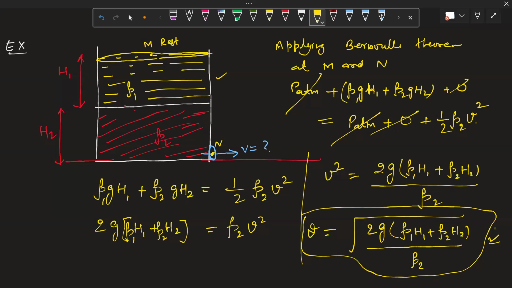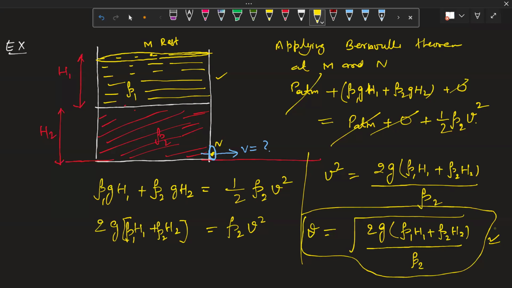And there are a lot of applications like venturimeter we have discussed in the last class. Today we have discussed the aeroplane concept, how the aeroplane can balance its weight because the pressure below the plane is more as compared to the pressure above the plane. So there is always a net upward force acting on the plane, which can balance its weight, right?